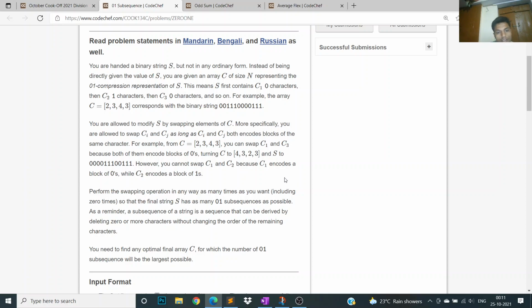Perform the swap any way, as many times as you want, including 0 times, so that the final string has as many 01 subsequences as possible. As a reminder, a subsequence of a string is a sequence that can be derived by deleting 0 or more characters without changing the order.